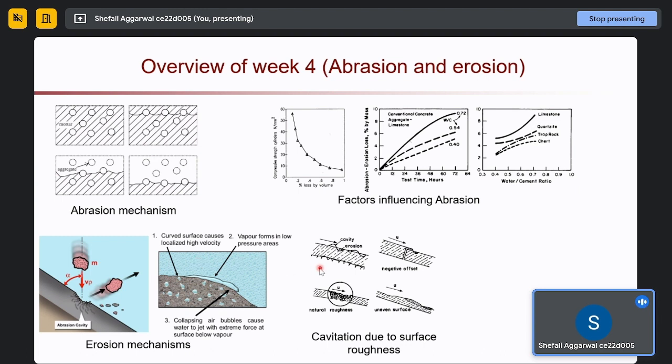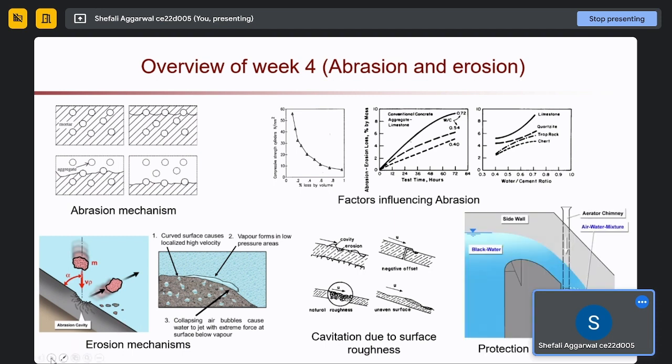Cavitation is mostly caused by surface roughness. As you can see, if the surface is not plain, there are undulations, or there are different sizes of beams, or aggregate is exposed, or any other cause of uneven surfaces, this type of surface can cause more erosion. How is this erosion normally prevented?